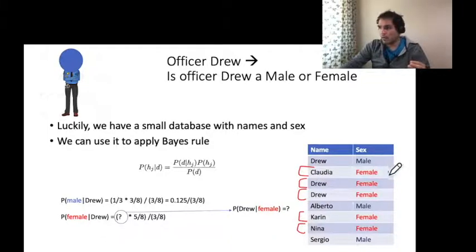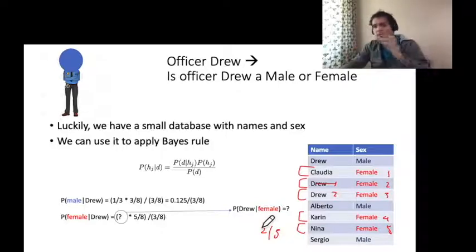We have 5 candidates. And how many Drews do we have? 1 and 2. So we have 2 Drews out of 5 females. And that's going to be the conditional probability that we need to compute in order to complete all the probabilities for the theorem.